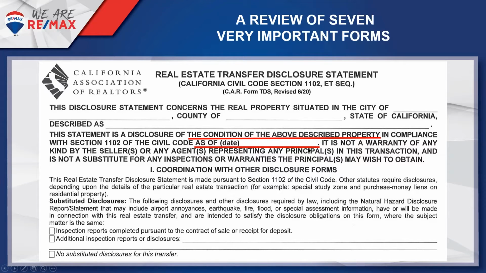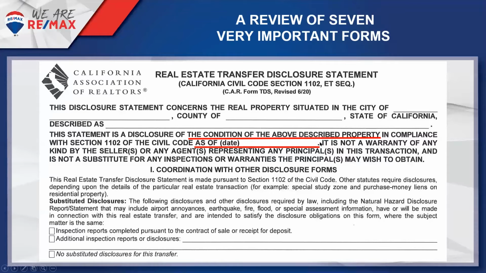Once you put a date in here and give it to us, the buyer has an unconditional 3 to 5 day right of rescission when the TDS is delivered. So now you deliver the TDS to us with the date, and now the seller rescinds. And there's no requirement for the seller to act in good faith.